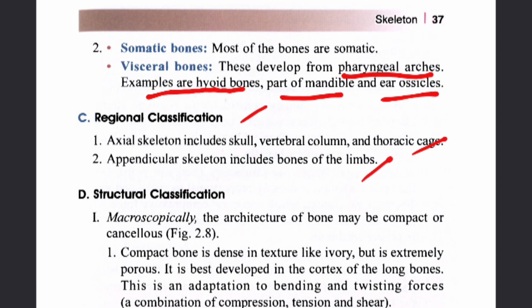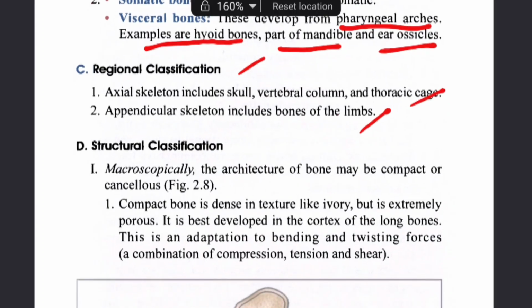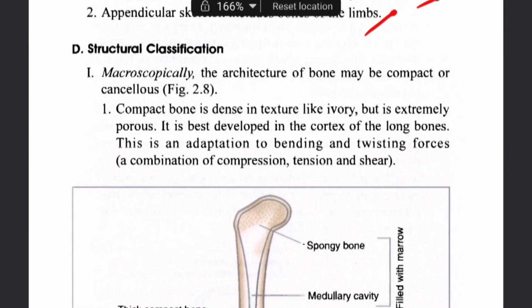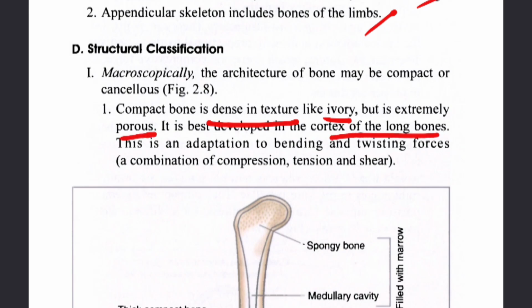Then the structural classification of the bone tells us that macroscopically the architecture of bone may be compact or cancellous. Compact bone is dense in texture like ivory, but is extremely porous. It is best developed in the cortex of the long bones.